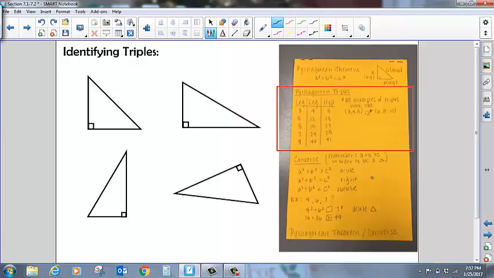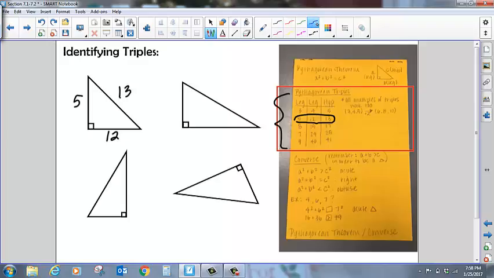So basically, a Pythagorean triple means that, let's say I had a leg of 5 and a leg of 12. If I look at my triple chart right here, look for a leg of 5 and a leg of 12. So if you look right here, we have a leg of 5 and a leg of 12, which means without doing any math, which everybody loves, that missing hypotenuse length would have to be a 13.